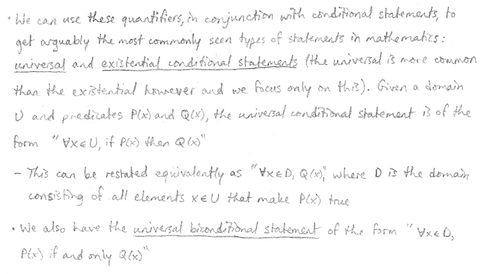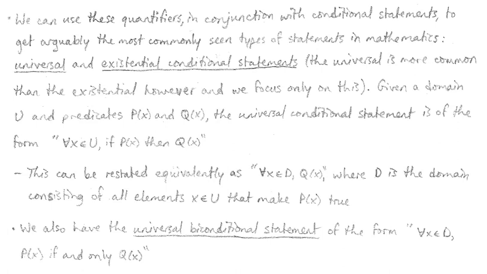So if we have a domain, and this time I called the set that is my domain capital U, again, what name you give it really does not matter, but you have your domain capital U and two separate predicates P of X and Q of X. Then the universal conditional statement is of the form: for all X in U, if P of X, then Q of X.